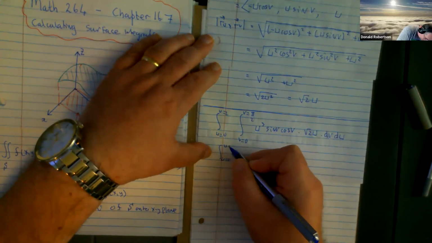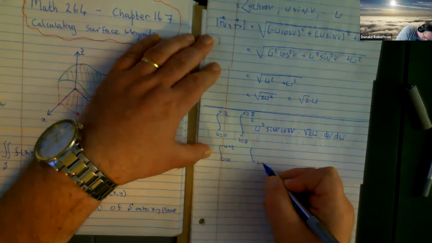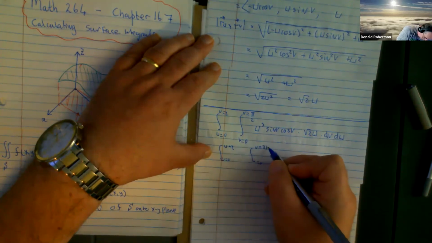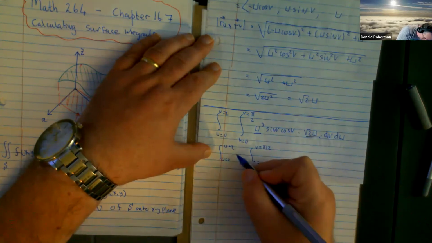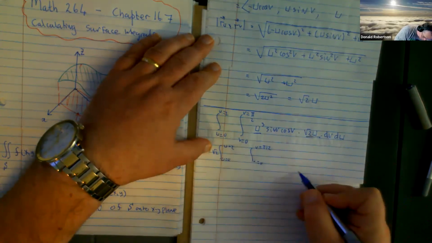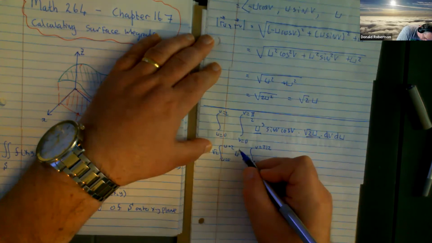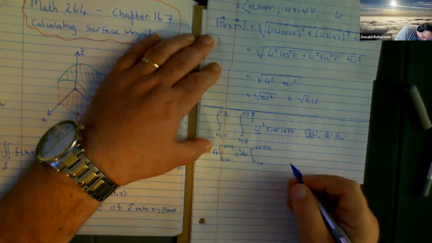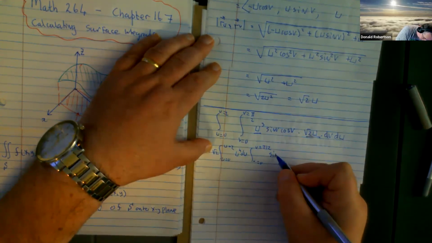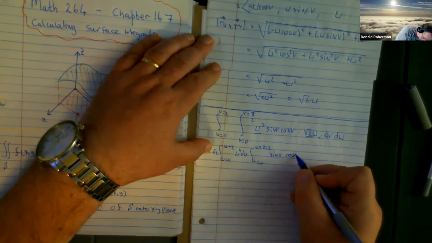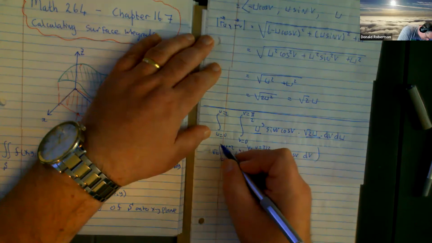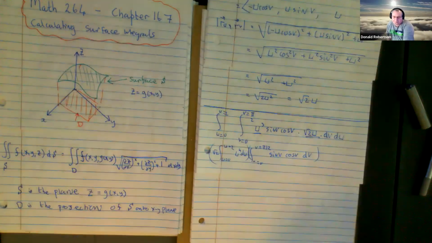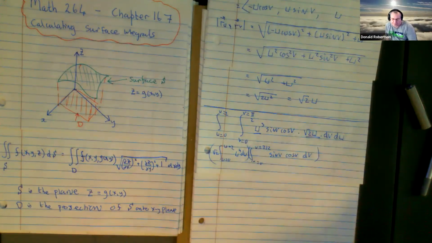These are variables separable, which is, I think, the first one today. If you take all this stuff together and probably stick the square root of 2 outside, you get a u to the 4 du and a sin v cos v dv. That one's just 1/5 u to the 5.